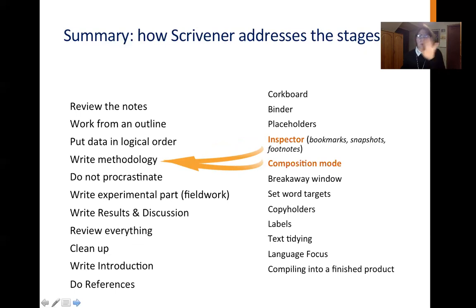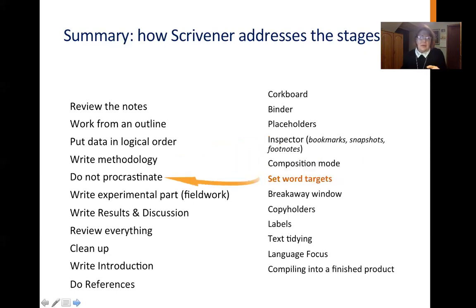Then for writing methodology, we mostly use inspector and composition mode. If you remember what it was, right? Inspector is for some information about your file, and the footnotes for your references, right, as I've shown you there. And for not procrastinating during your writing, we set word targets, right, the way I told you in the outline view of Scrivener.